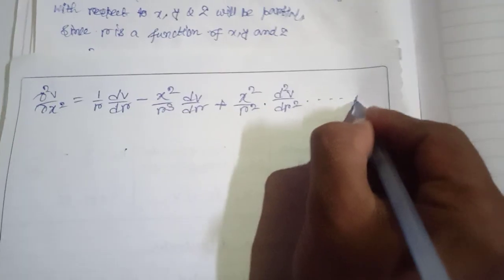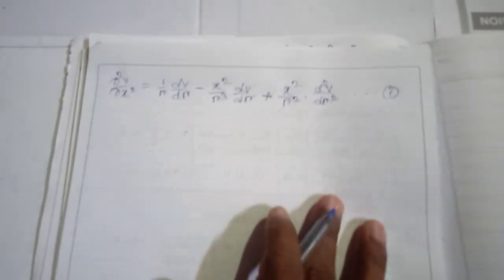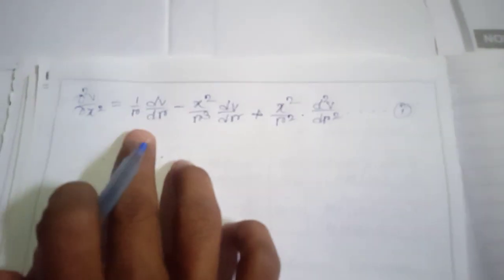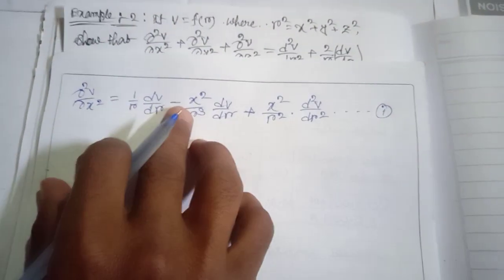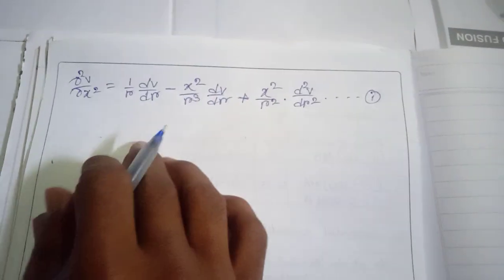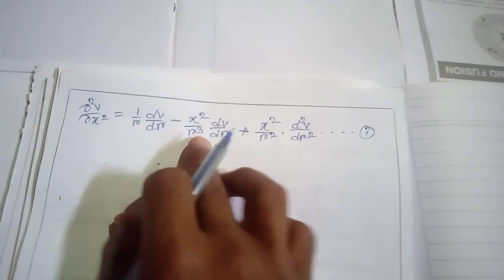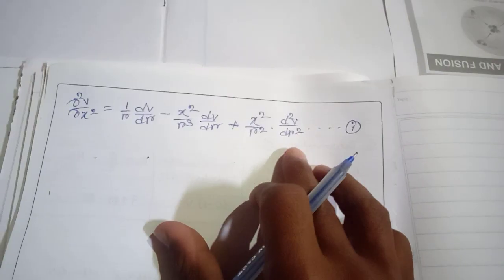This is equation number 1. Since x² by r into this, we get ∂²V/∂x² equals 1 by r dV/dr minus x² by r³ dV/dr plus x² by r² into d²V/dr², and replacing x by y and z.